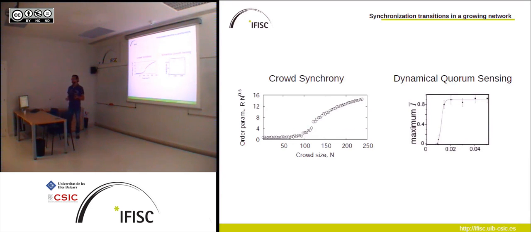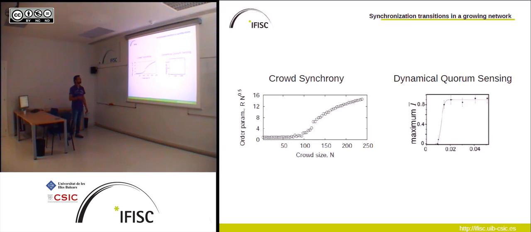To fix the ideas, I want to show this very simple slide, because I want to give you the idea of what crowd synchrony is and what dynamical quorum sensing is, what the main differences are, and how we can then go with these ideas to the system of semiconductor lasers.